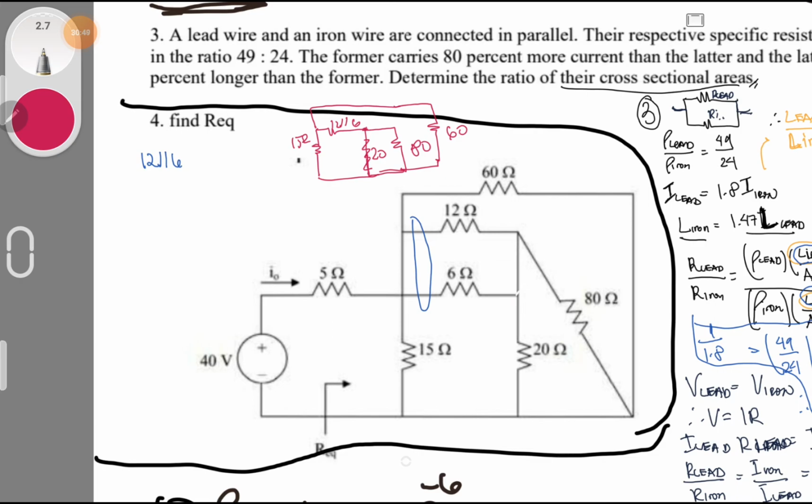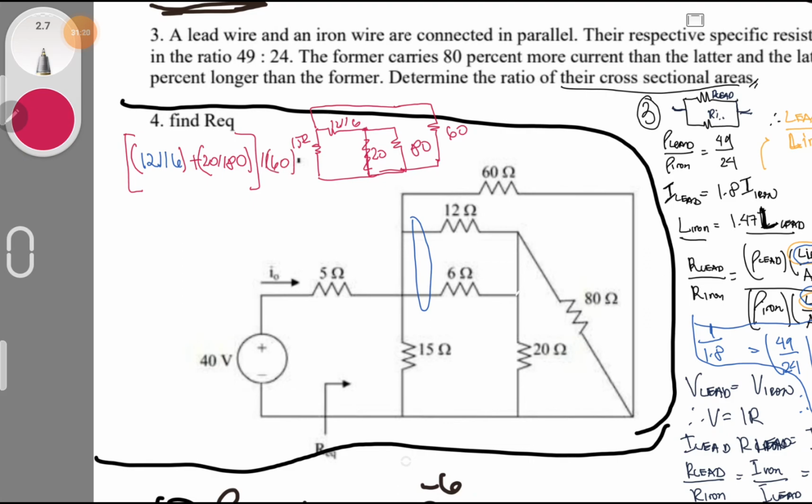So, next step natin is kunin natin yung parallel combination ng ating 80 plus 20 in parallel with 80. And then, after getting the parallel combination of 80 and 20, you will see that they are in series with each other. And then, kunin natin yung parallel combination yan sa ating 60.